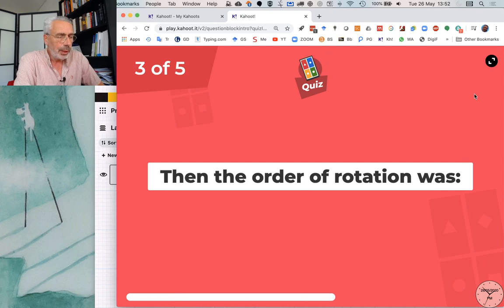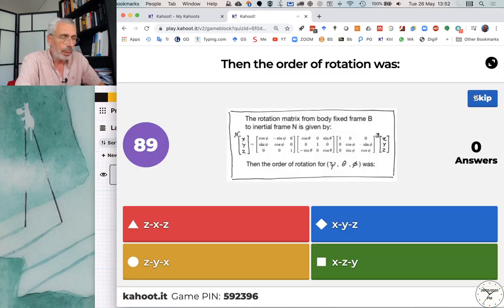The order of rotation was, so you see here a rotation matrix which transforms from a body fixed frame to an inertial frame, made up out of the multiplication of 3 independent matrices. And now the big question was about which axis was the rotations. So the order is this psi, theta and phi.